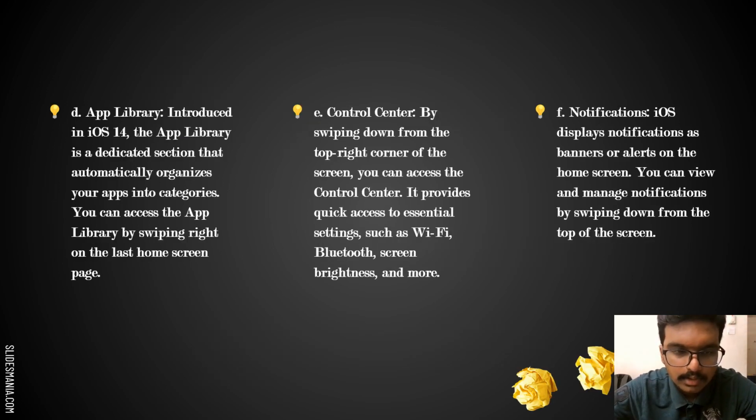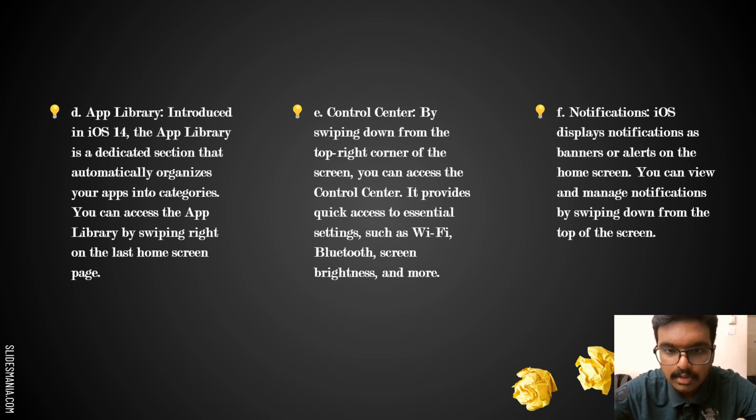And for D, app library, introduced in iOS 14. The app library is a dedicated section that automatically organizes your apps into categories. You can access the app library by swiping right on the home screen page.